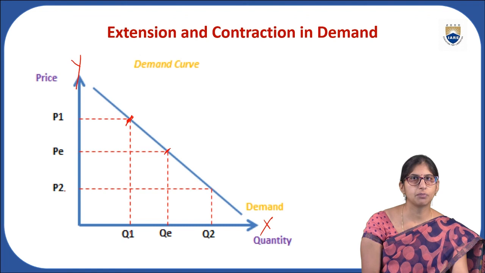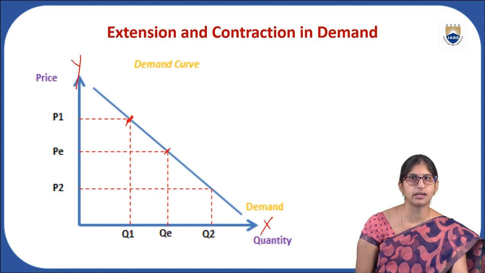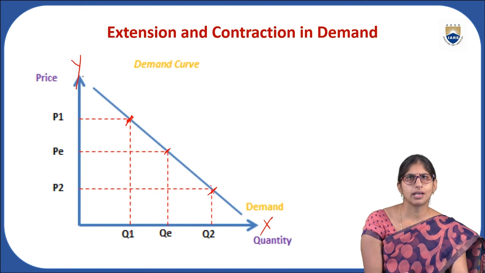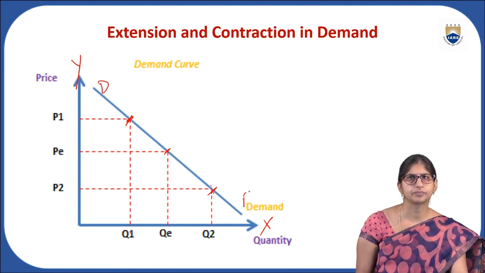Now if the price has come down to P2, quantity demanded increased to Q2. So this is our point now, and this is our demand curve. It just looks like the usual law of demand curve, right?